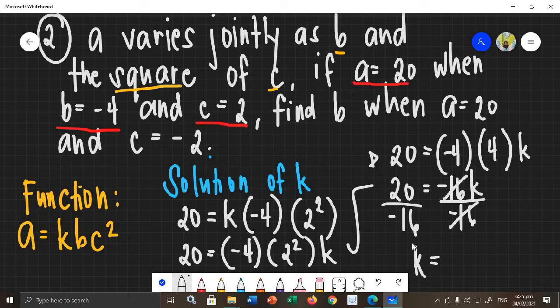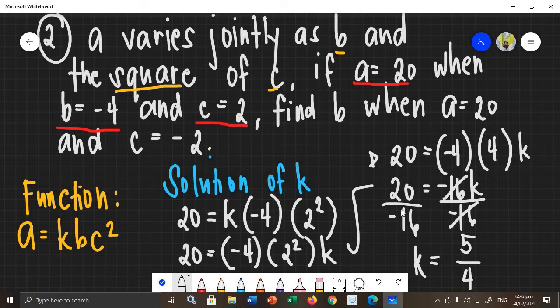So as you can see, we can divide 20 by -16, but we can simplify it by dividing them by their common factor, which is 4. No? So 20 divide 4 is equal to 5. And then 16 divide 4 is equal to 4.